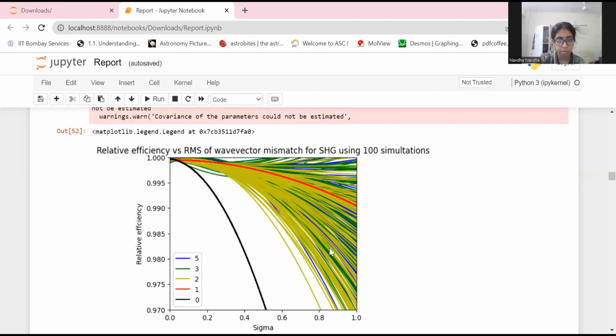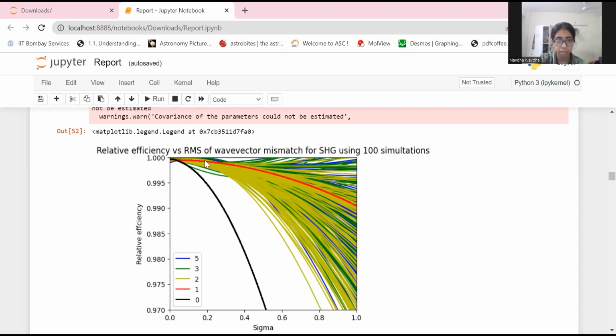The maximum of the green, blue, and yellow curves are almost similar, and the minimum of the green, blue, and yellow curves nearly overlap. So this means that, again, with an order greater than 2, the longitudinal variations do not have a significant impact on relative efficiency.